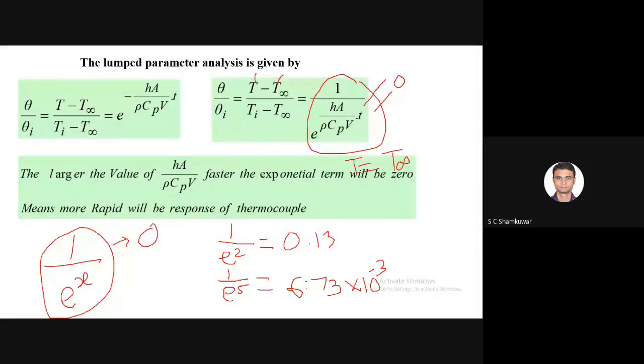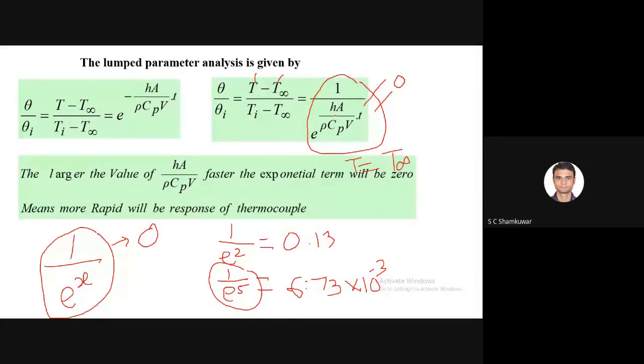If the value of x is 2, you can see it is 0.13. But as x is increased to 5, the exponential term is more close to 0, 6.73 into 10 to the power minus 3. So here, what is x? X is HA divided by rho CpV into T.